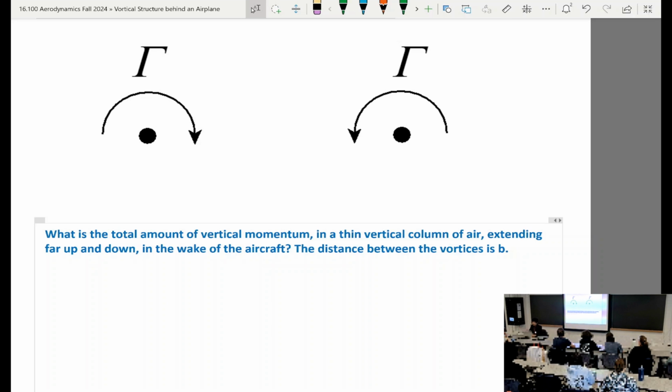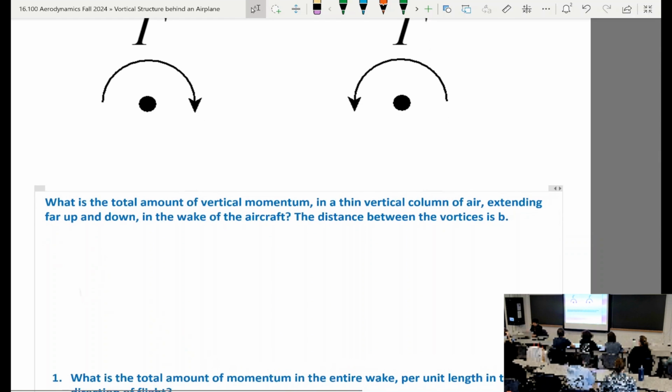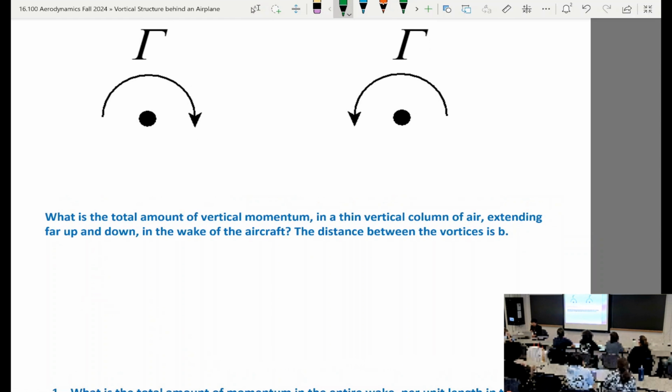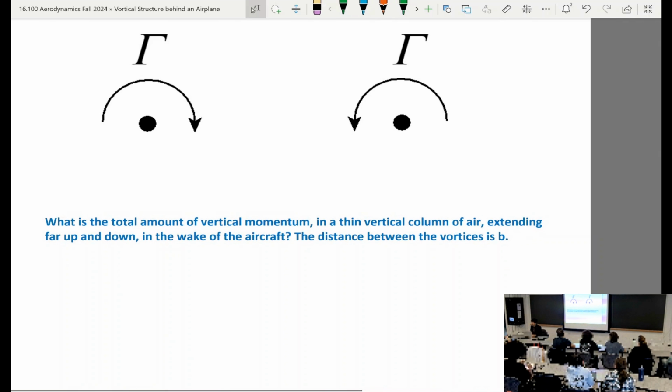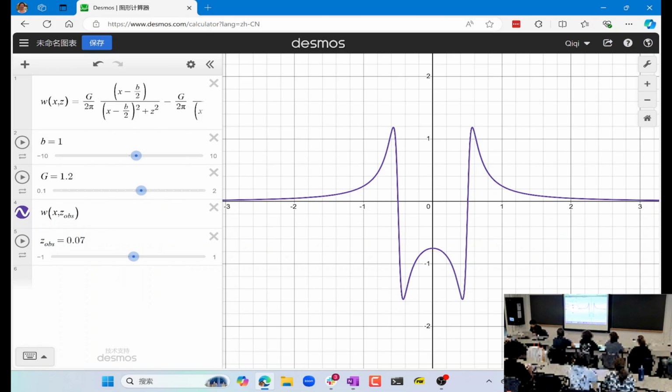So let me first answer this question. For this flow field, what is the total amount of vertical momentum in a thin vertical column of air extending far up and down in the wake of the aircraft? So this is saying, I'm looking at one single column that sits, for example, over here, right in the middle, extending all the way up and all the way down.